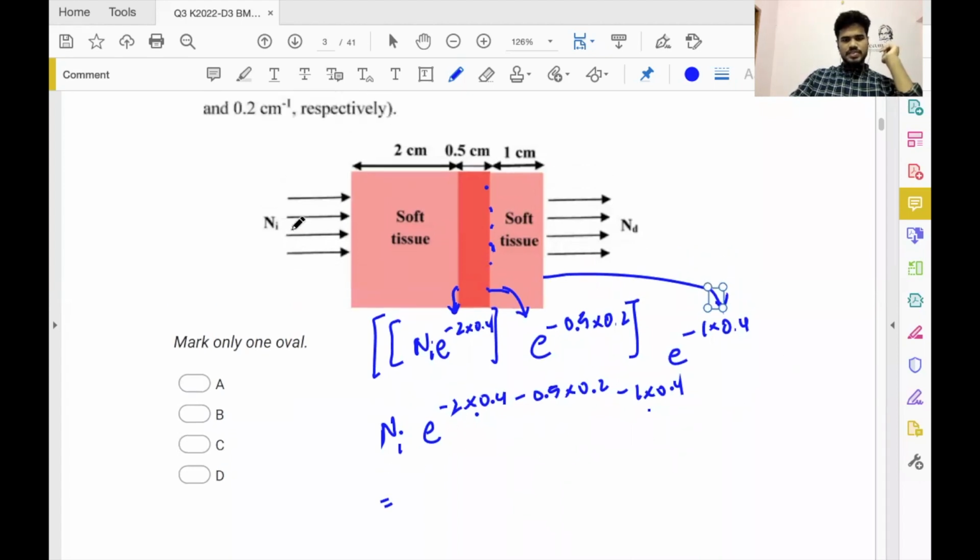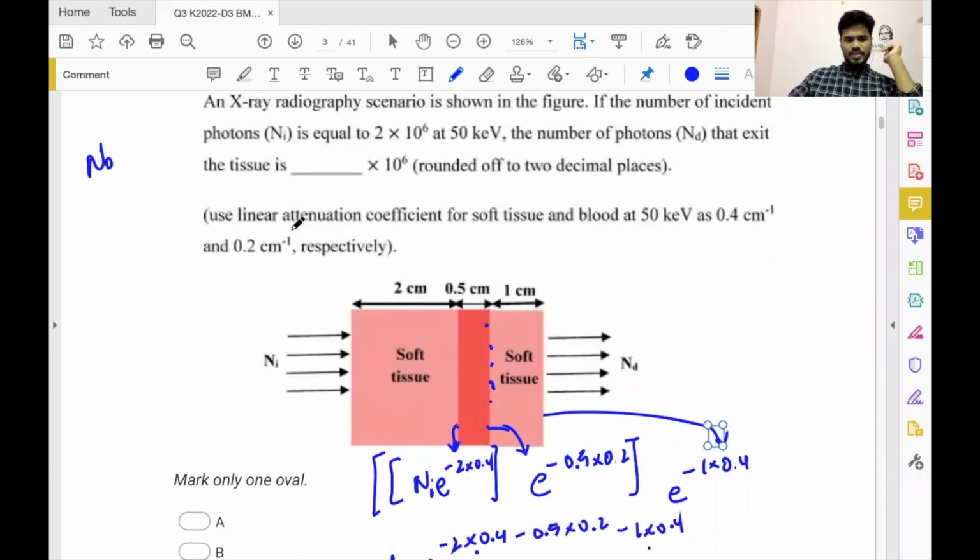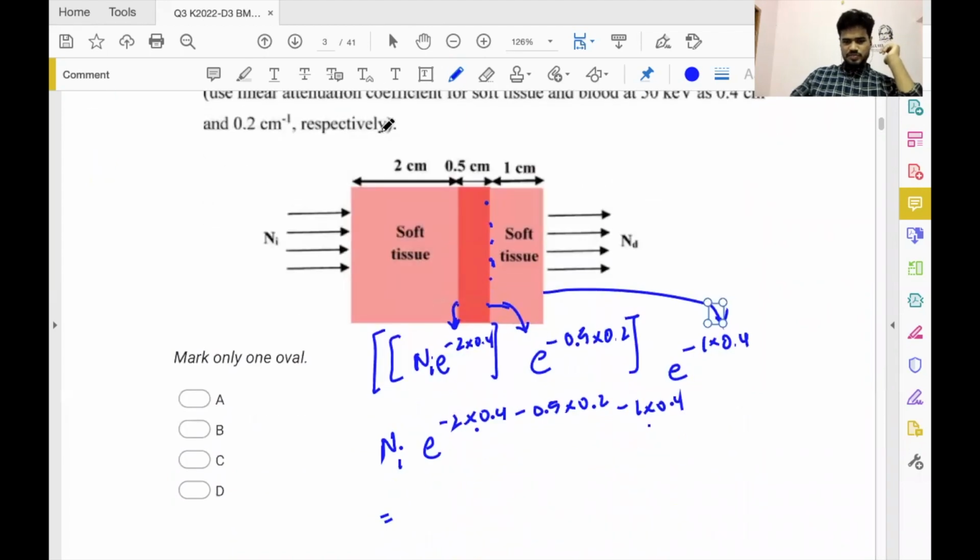What we should be getting is, I think, 0.05 into 10 power 6. So I suppose we start with 2 into 10 power 6, and this is e power that, so this should be 0.55 into 10 power 6.